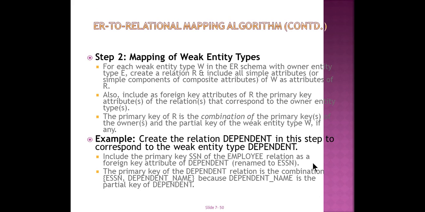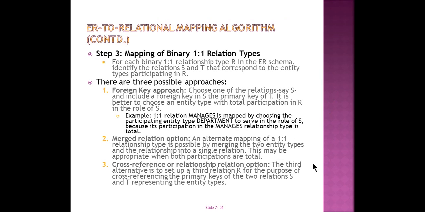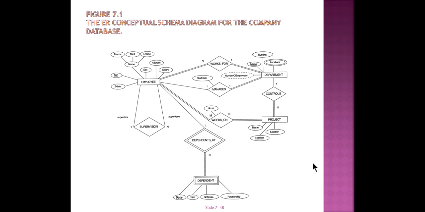Now map the one-to-one relationship. To map the one-to-one relationship, you can insert the primary key of any of the participating entity sets.